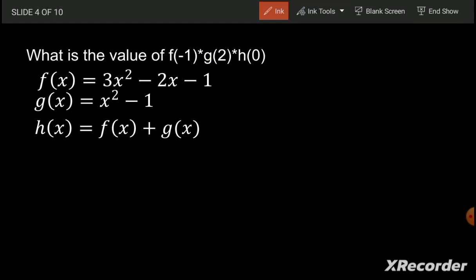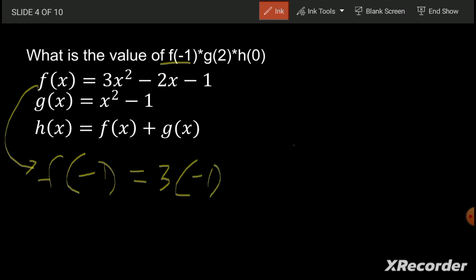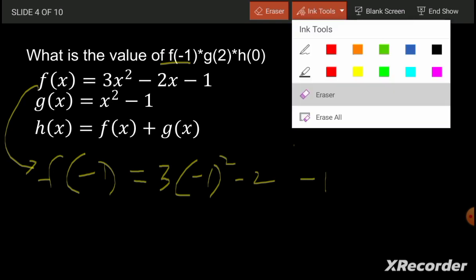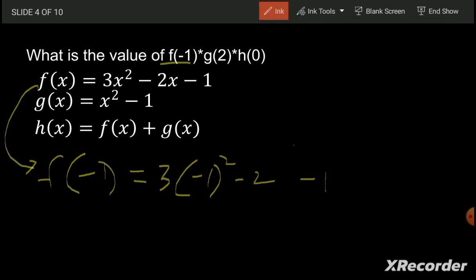Okay, so f of x becomes f of negative 1 equals 3 times negative 1 squared minus 2x minus 1. x is to be replaced now by negative 1.